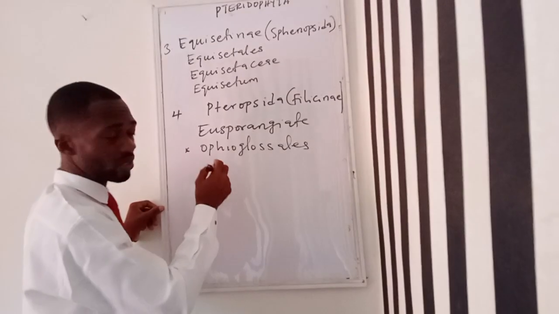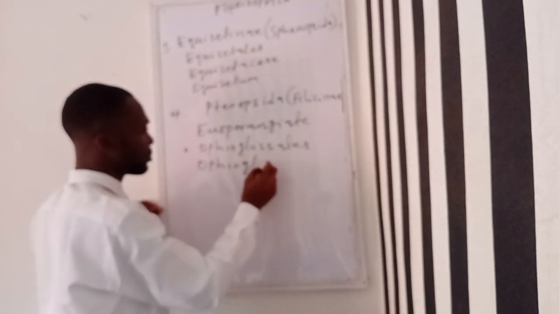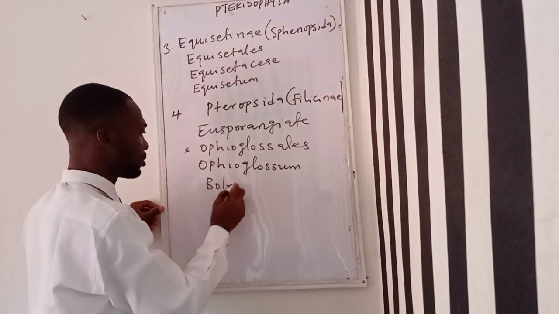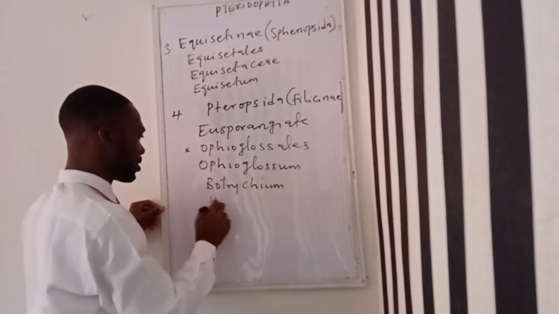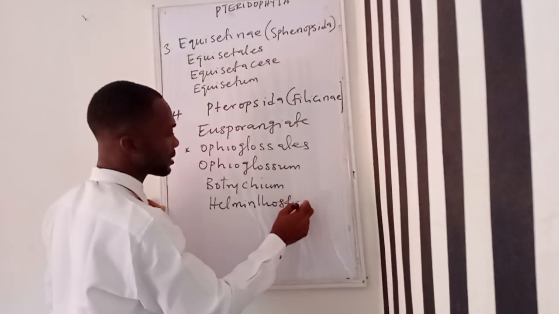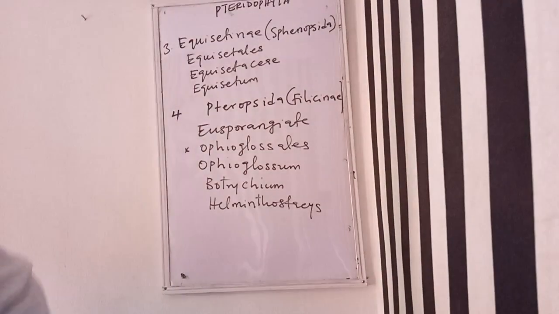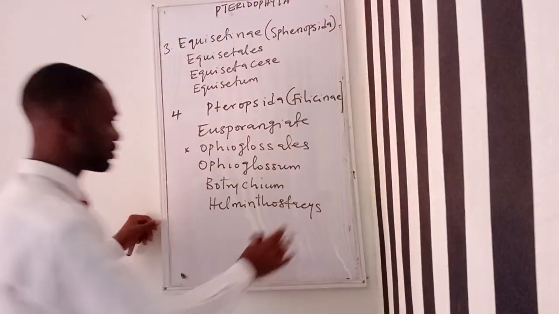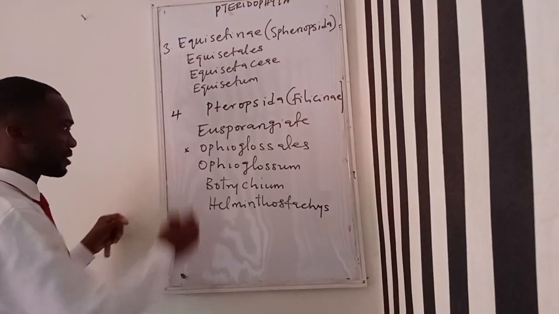Under this order, you now have so many genera, like you have Ophioglossum, you have Botrychium, you have Helminthostachys. This is the first order.